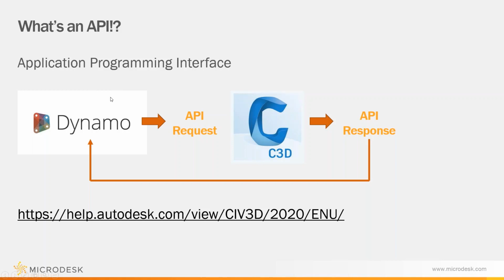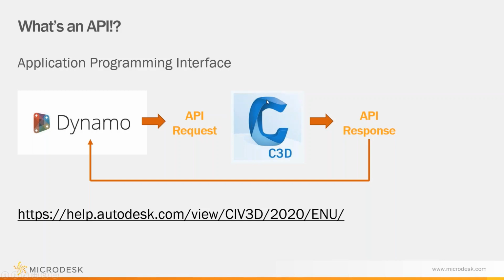So Dynamo lets you access APIs. Dynamo now comes with, or at least they have, a downloadable version for Civil 3D. So if we follow the diagram here, we have Dynamo, and we'll open Dynamo within Civil 3D, and we can use Dynamo to make an API request into Civil 3D.